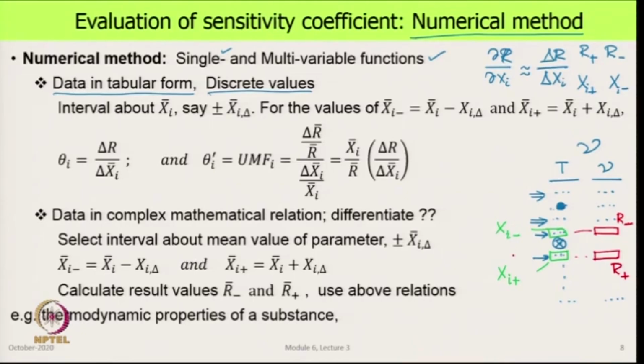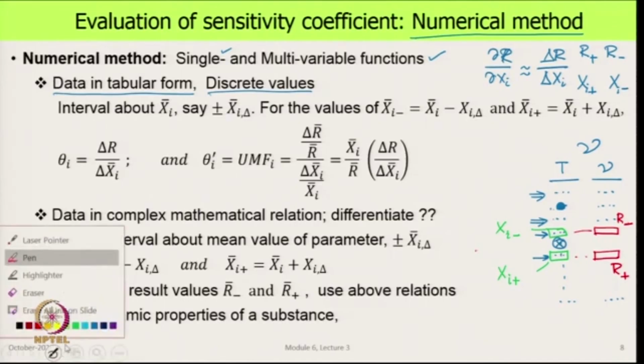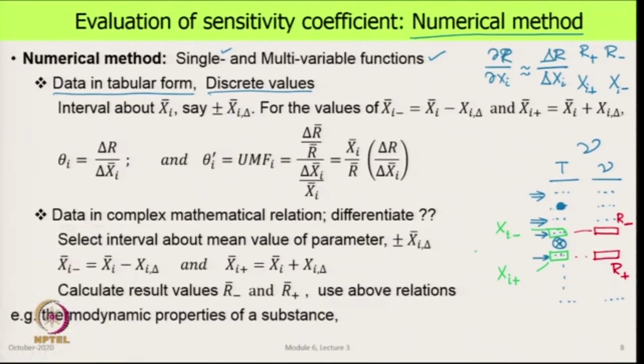And this interval between this we say is 2 xi delta. So, you can say that the interval half width is xi plus minus xi minus by 2.